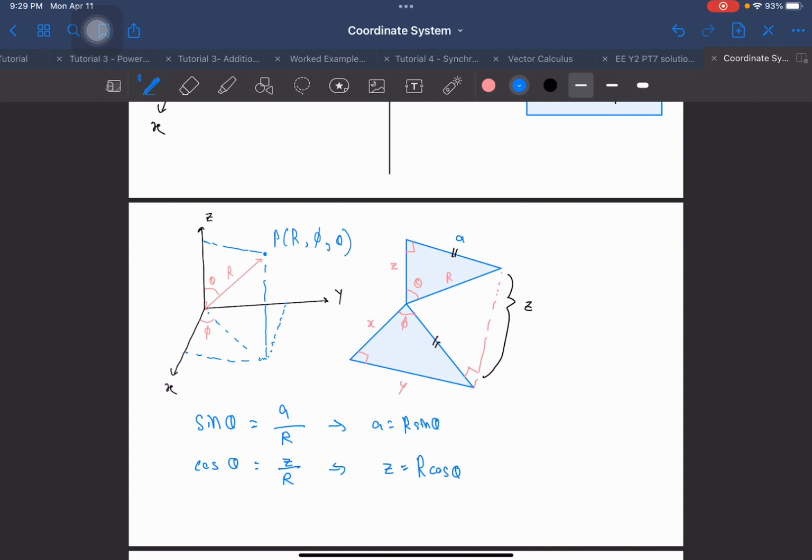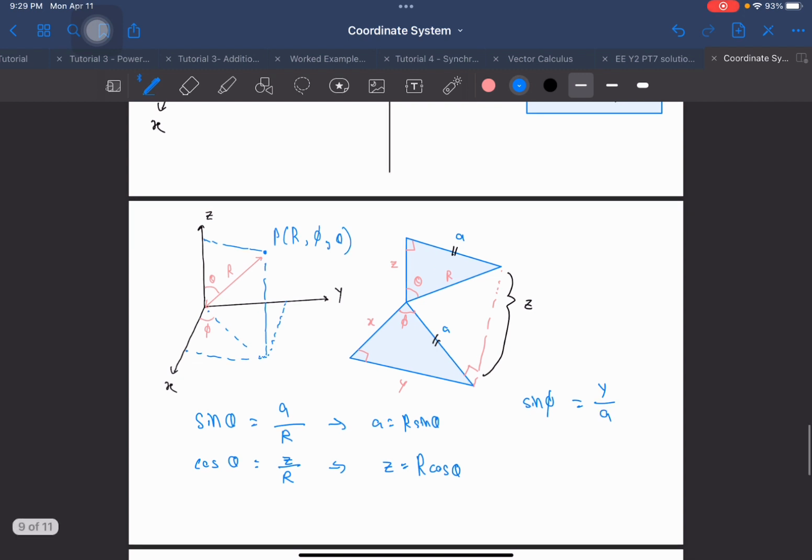So you've got what? Sine phi is opposite over adjacent. And then what is your a here? A is r sine theta.